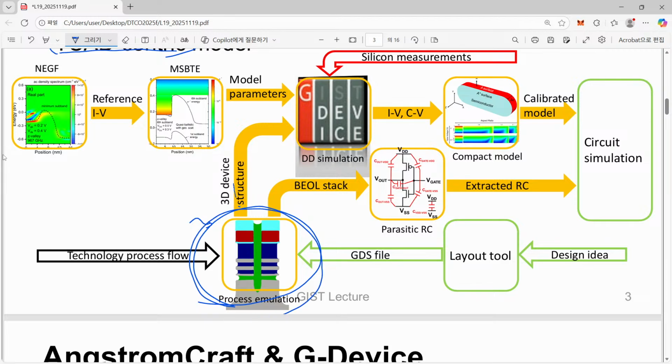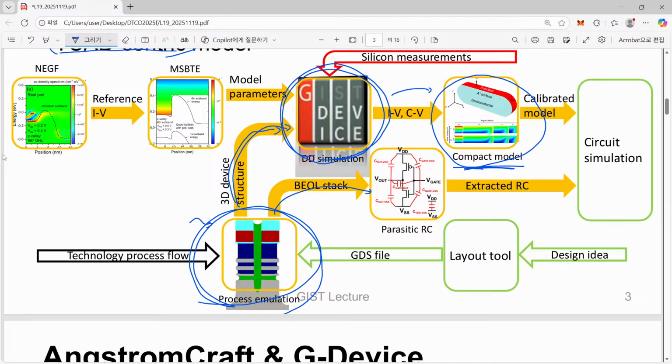After that, we have two different routes, one for device and one for metal interconnect. For device, we can predict its performance, and this is not covered in our lecture up to now. From this device characteristics, we can make a simplified model to specify IV characteristics or CV characteristics of that device. This is usually called a compact model.